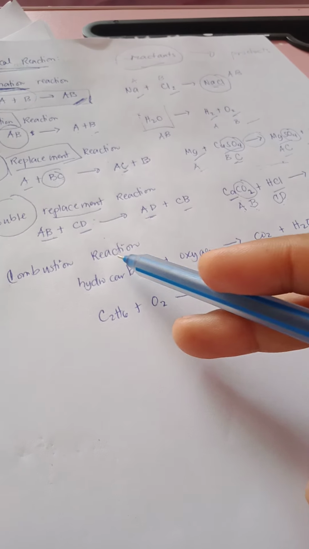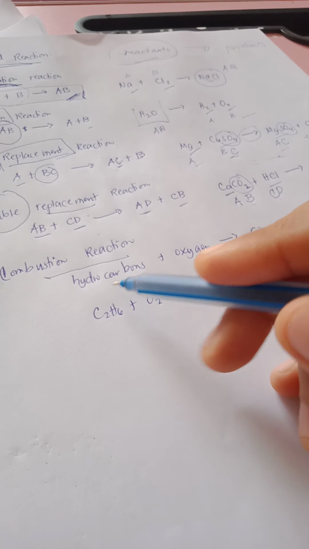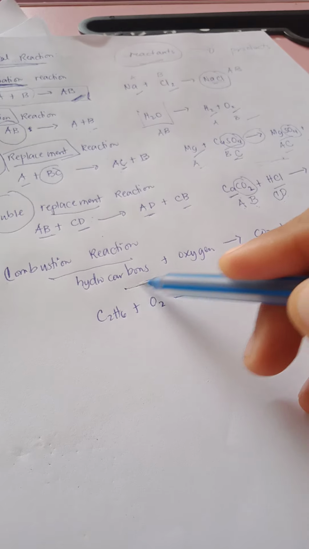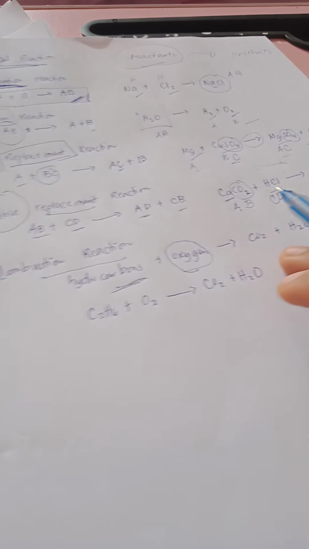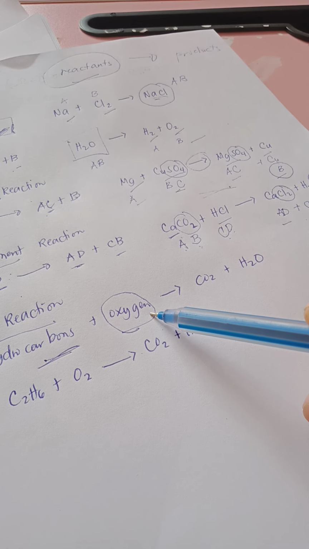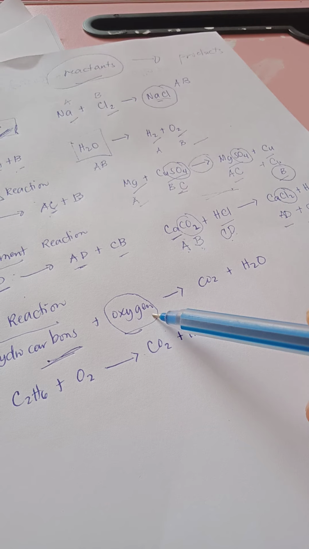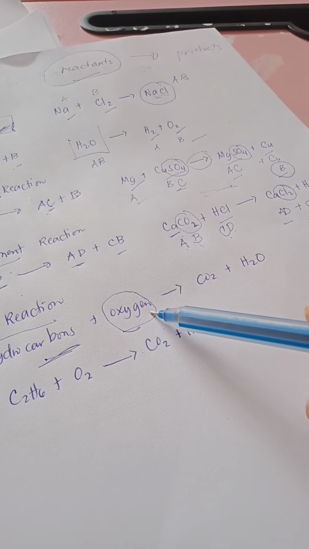You will be able to identify it is a combustion reaction if your reactant are hydrocarbons plus your oxygen molecule, oxygen gas, kasi a combustion will not happen without the presence of your oxygen gas.